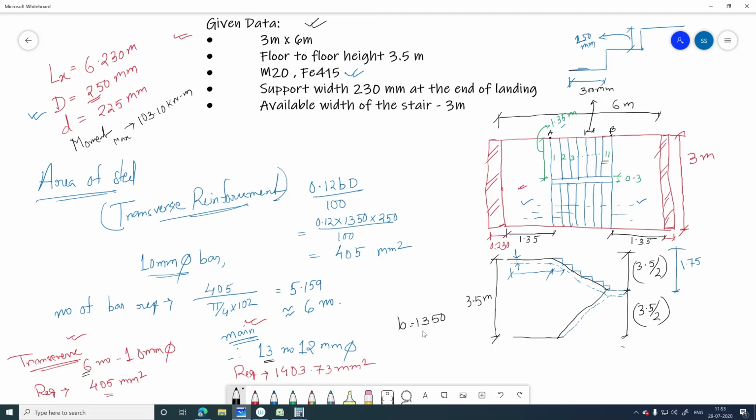You just divide the value B by the number of bars required. The number of bars for the main reinforcement is 13, and for the transverse reinforcement it is 6. If you make the calculation, you will get the spacing also. So this is the formula to determine the spacing. Now we need to check it for the shear as well as the deflection, then our problem will be completed. So let's check.